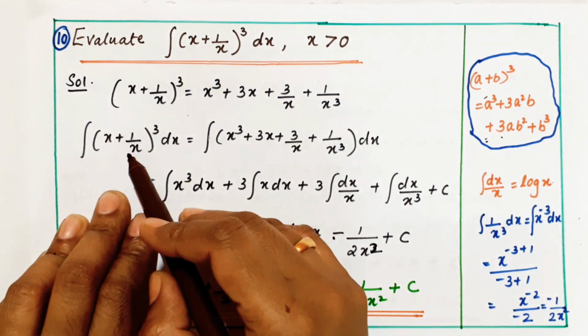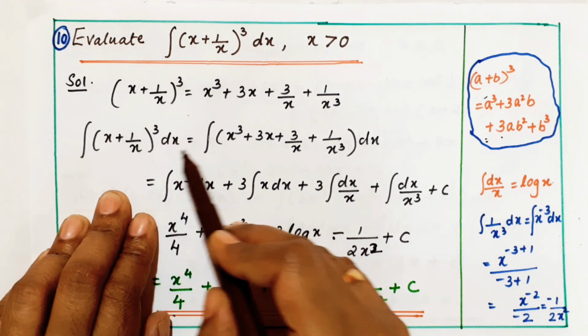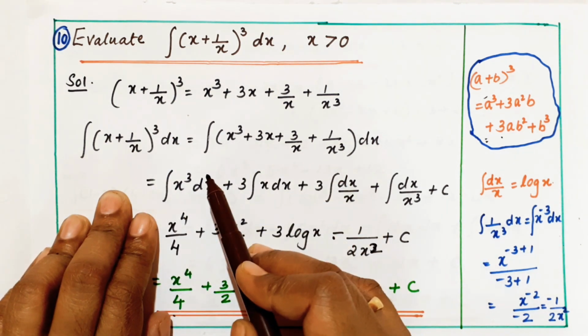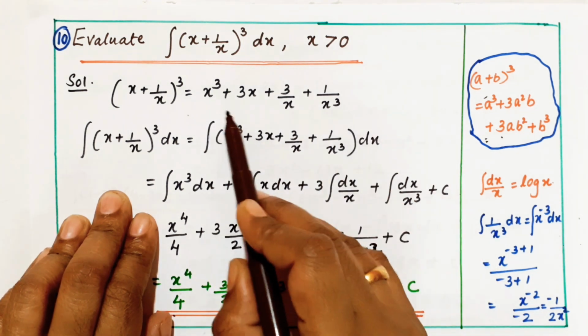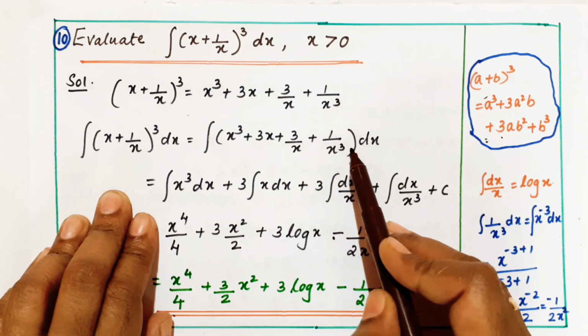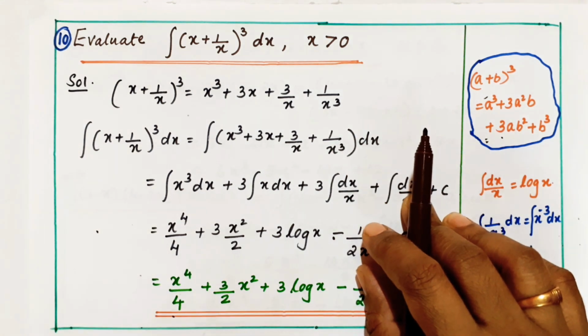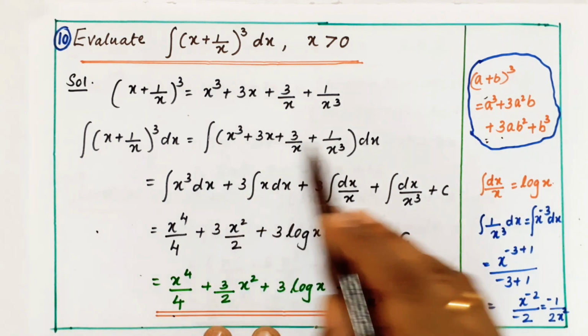Now we need to integrate it. So the integral of x plus 1 by x the whole cube dx is equal to the integral of x cube plus 3x plus 3 by x plus 1 by x cube dx. After this, the same step as we did for the previous question: we have to separate the terms.